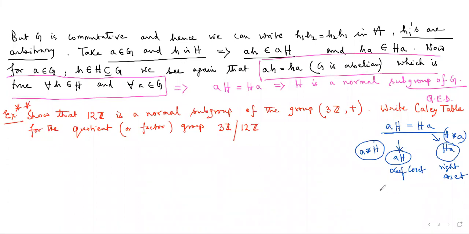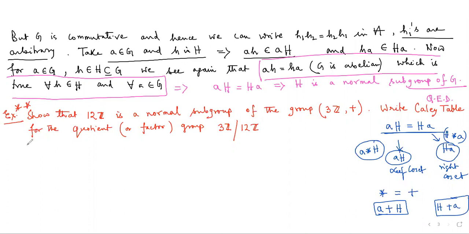But whenever the composition star is the addition operation, then in place of A star H or AH, we simply write A plus H and H plus A. So with respect to addition, the notation A plus H is used for the left coset, and H plus A is used for the right coset.